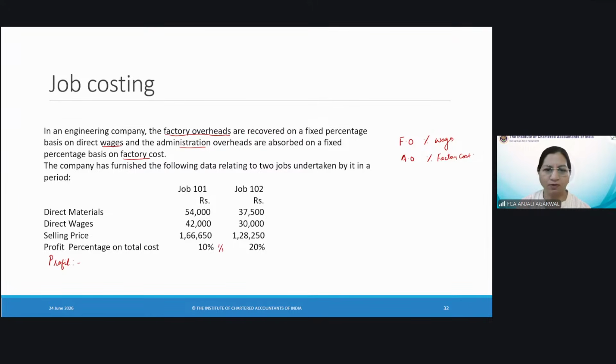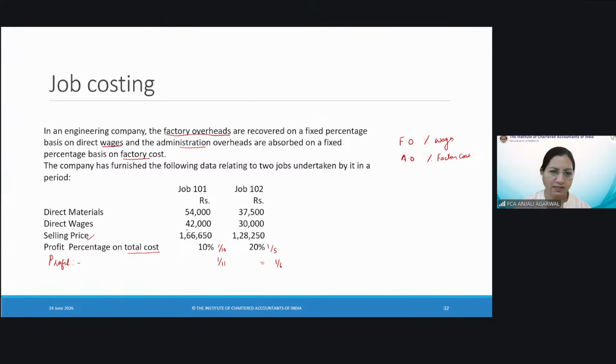So 1 by 10 on cost will become 1 by 11 on sales. The problem is profit is given as a percentage of cost, but we have the figure of sales. So 1 by 10 on cost is 1 by 11 on sales. 20% means 1 by 5 on cost, which is 1 by 6 on sales. So first we will find out the profit, 1 by 11 on sales.